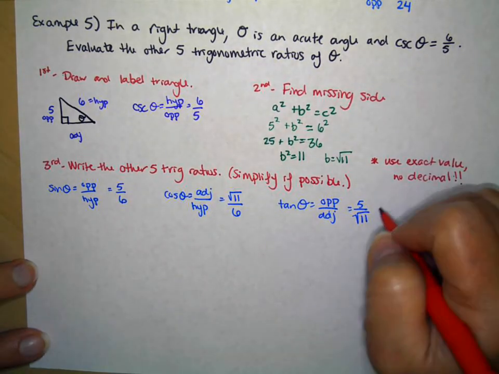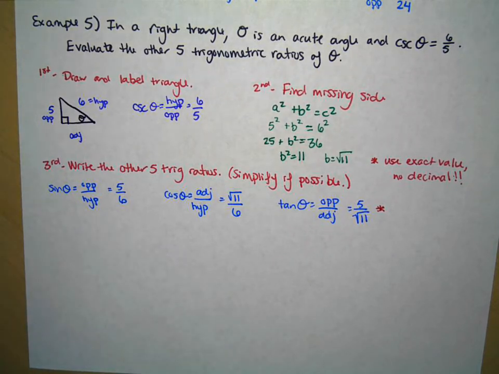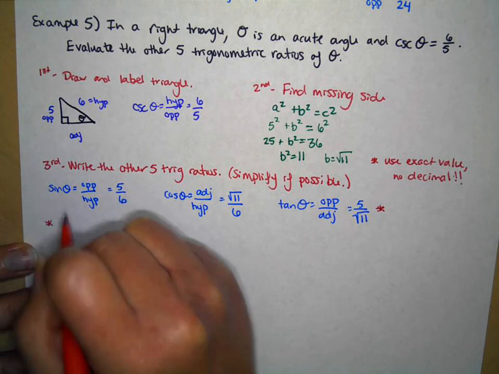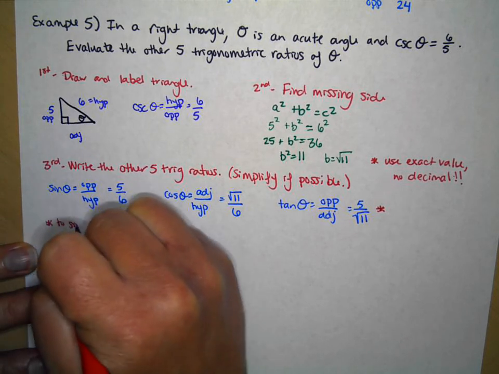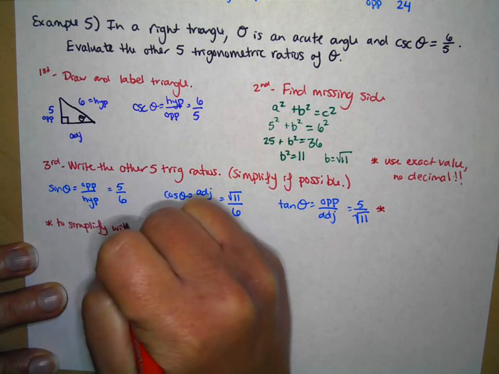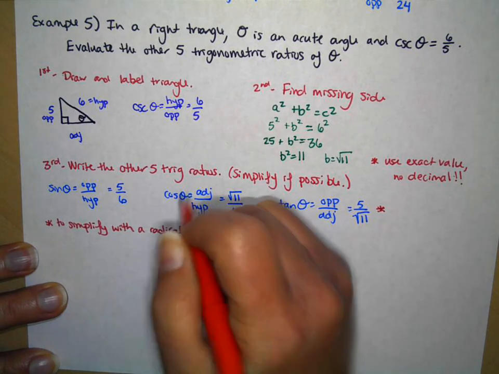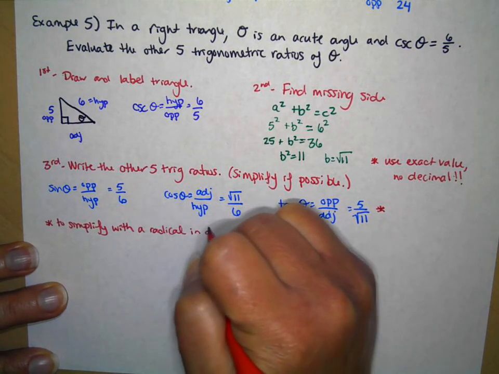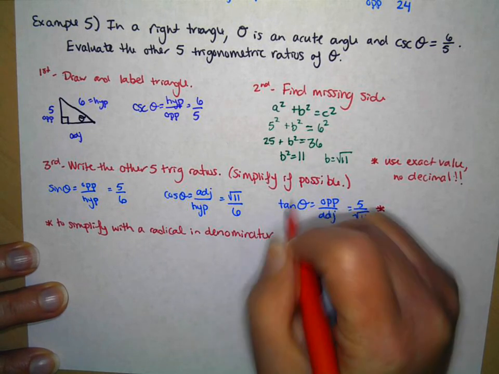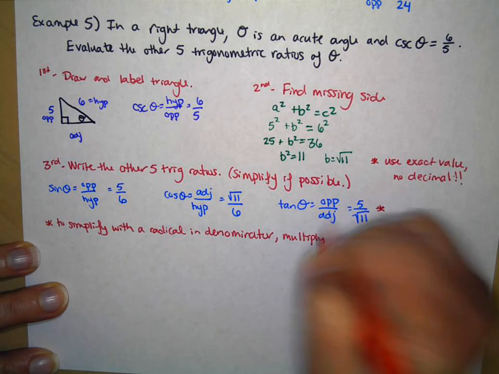Now this presents a problem for us. Having a square root in the denominator of a fraction is not considered simplified. So to simplify, when there's a radical in the denominator, you're going to multiply, and I should be specific.